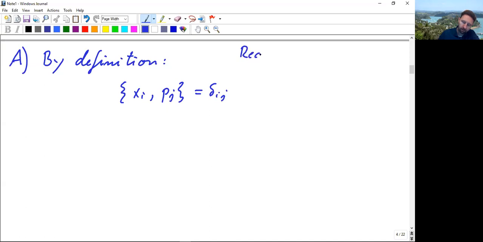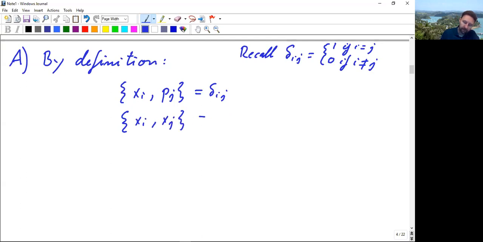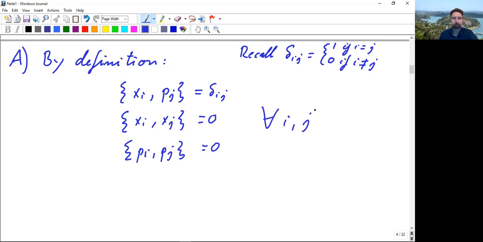Recall the Kronecker delta, delta ij, is equal to 1 if i equals j, and equal to 0 if i is not equal to j. So by definition, we have that this is true. We have that the bracket of xi and xj is equal to 0, and the bracket of pi and pj is equal to 0. And all of that for all i, j.